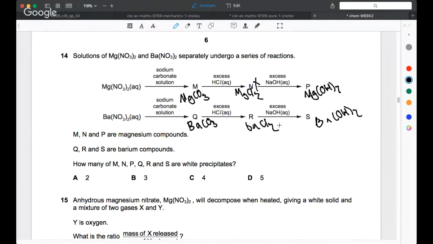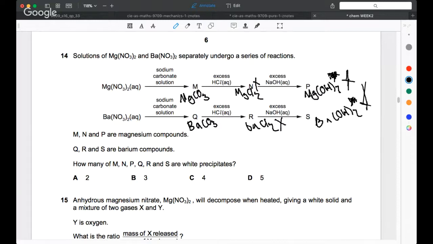This is not. Excess just means that it completely reacts with the other one. Barium hydroxide is not soluble, so it is a precipitate. Magnesium hydroxide, I don't think it is a precipitate.